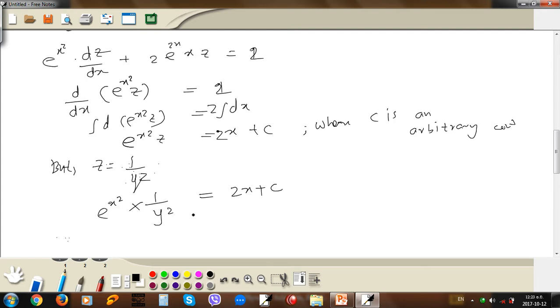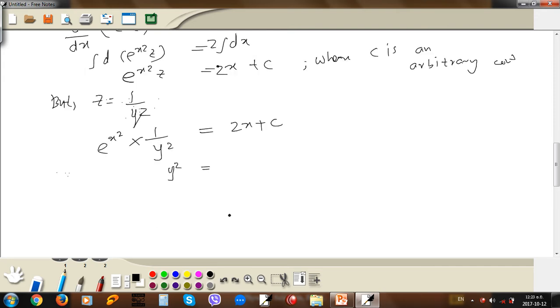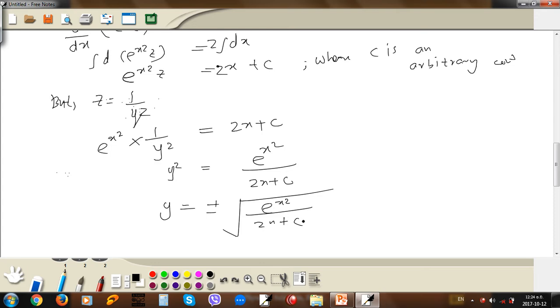So then I can make y the subject. y squared is there. If I make y squared the subject, then it comes e to the power x squared over 2x plus c, right? Then I can take y equals plus or minus the square root of e to the power x squared over 2x plus c.